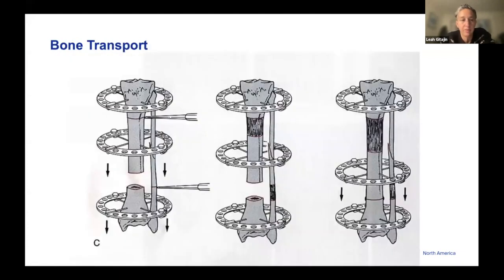So just to briefly review what bone transport is, it's based off the concept of distraction osteogenesis. You have a big hole distally here in this drawing. The way it works is you make an osteotomy using very careful soft tissue preservation methods to maintain the health of the bone more proximally.